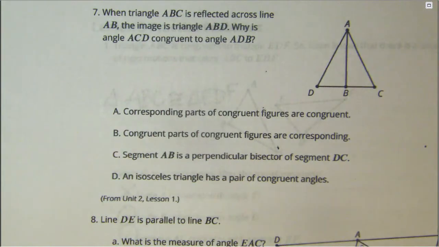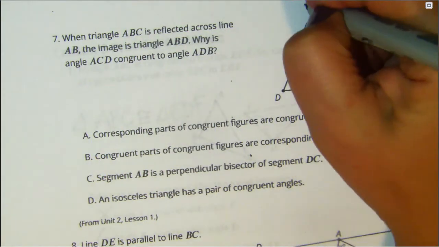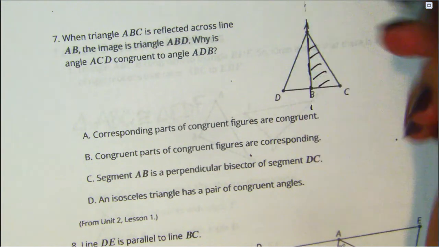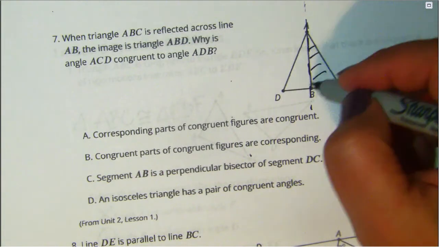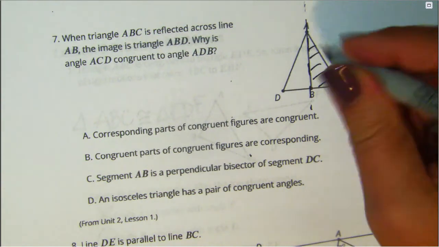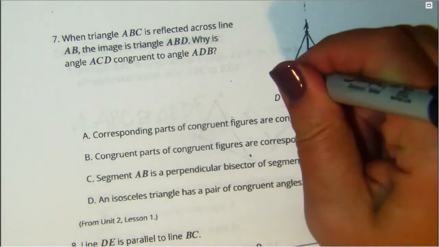Number 7. When triangle ABC is reflected across AB, so they reflected this one right here across this line, the image is triangle ABD. Why is angle ACD congruent to angle ADB?